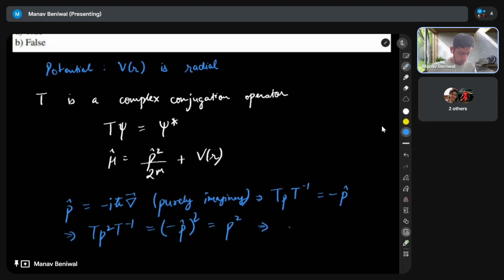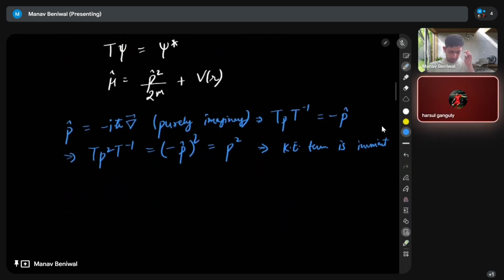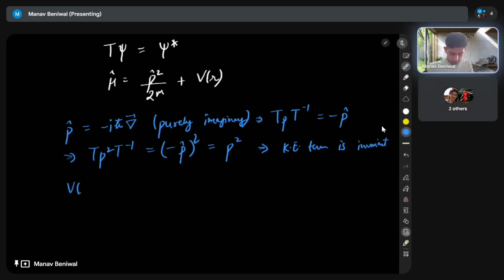This implies that the kinetic energy term is invariant. Moreover, the potential energy term is purely real.